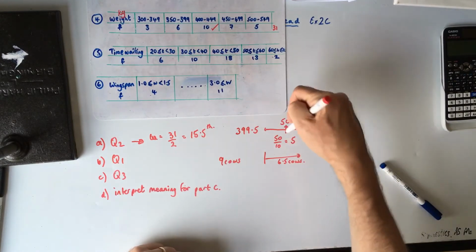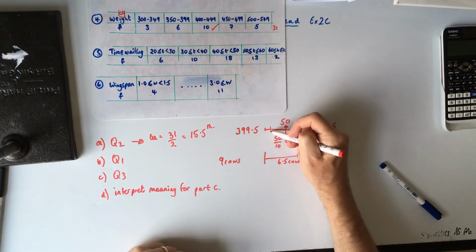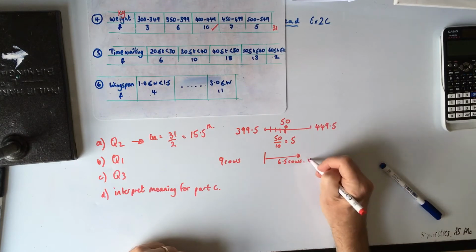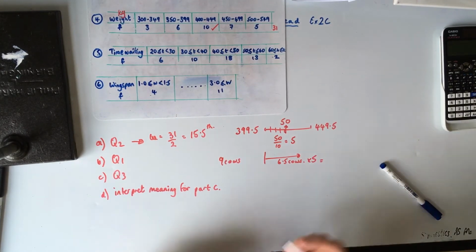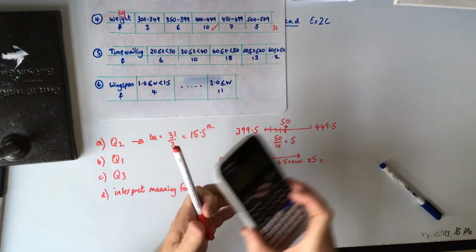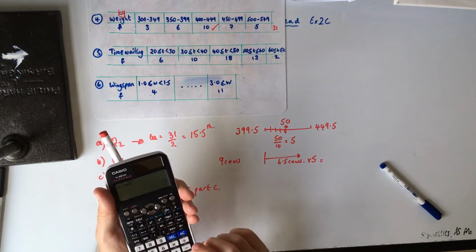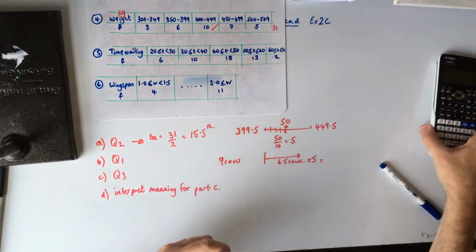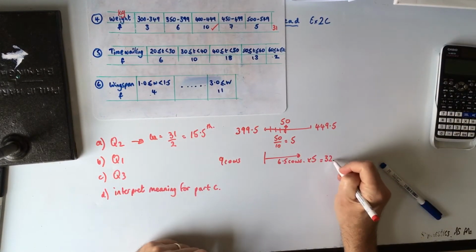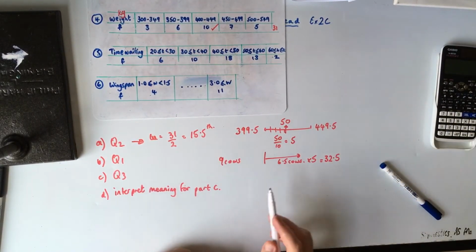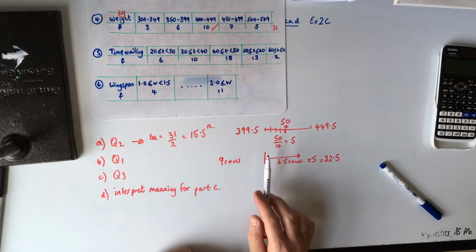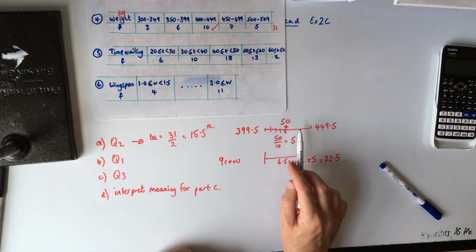Because each bit is split into 10 lots of 5, so we times that by 5, and 6.5 times 5 gives us 32.5. Okay, and it's 32.5 into this group.